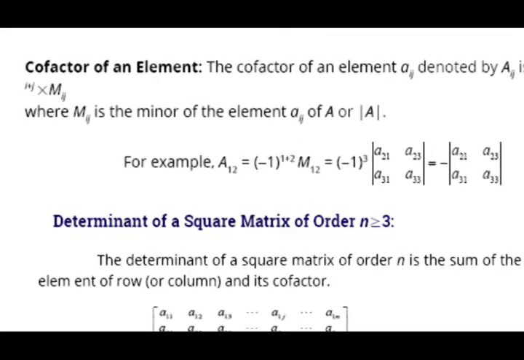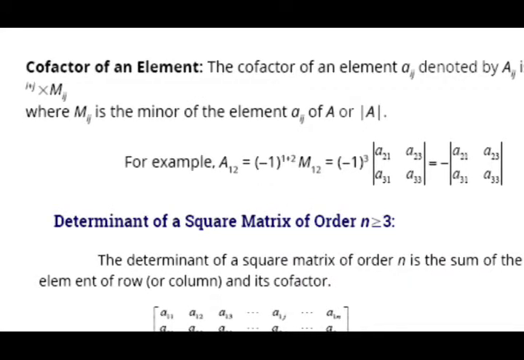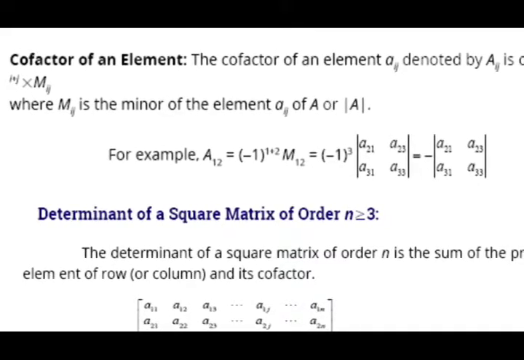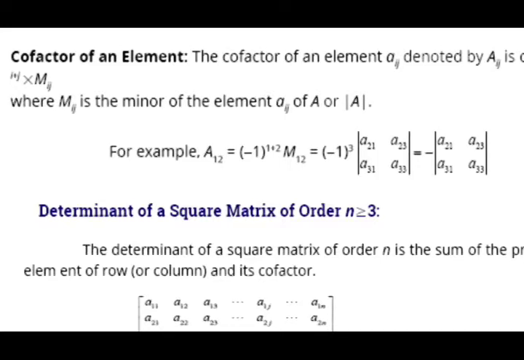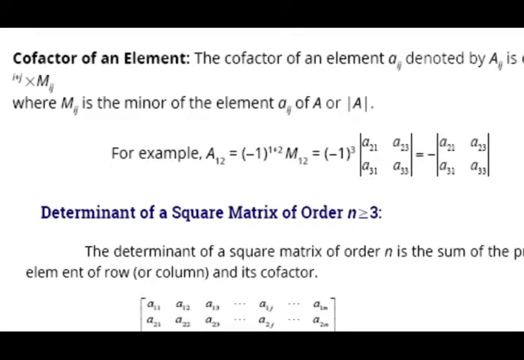In the last example, we have the minor M12, and we will multiply it by minus 1 raised to power 1 plus 2, and it becomes the cofactor. Minor M12 is equal to the remaining values in the determinant after removing the first row and second column from the above matrix, and then we multiply it by minus 1 raised to power 1 plus 2 to get the cofactor.